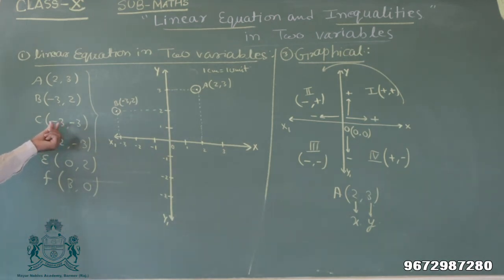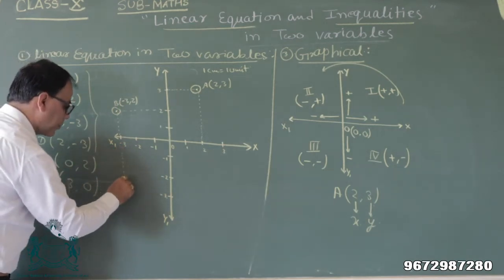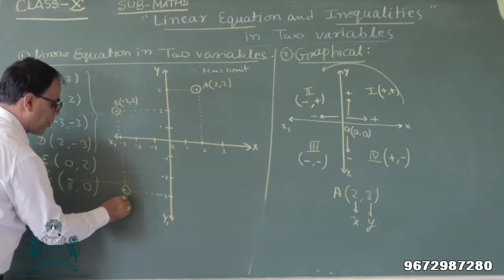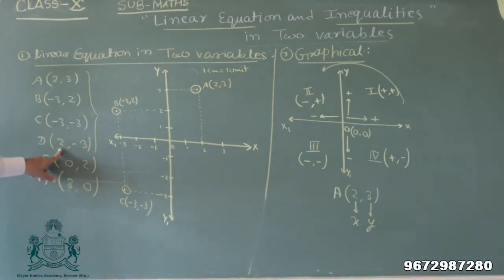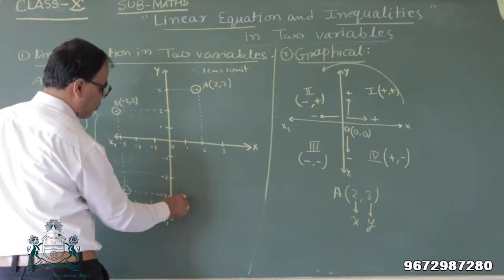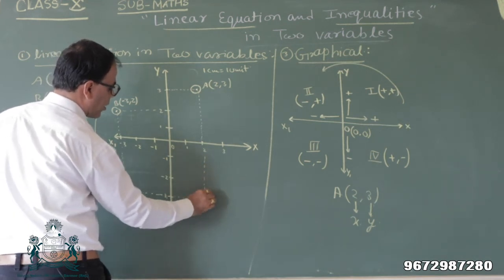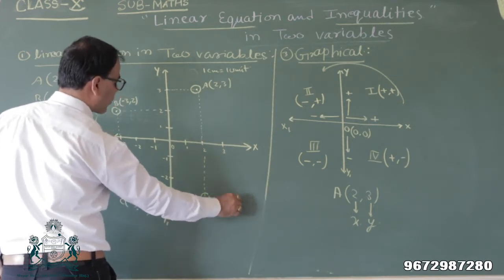C point: x -3, y -3. C point -3 and -3. Next D point: x equal to +2 and y equal to -3. This point is D, 2 and -3.